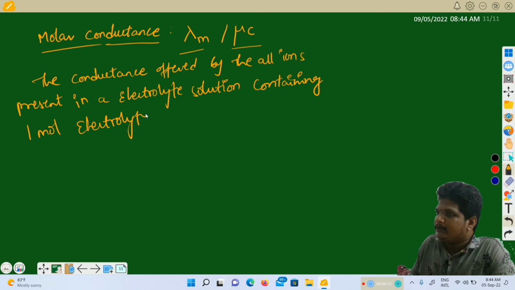So it is the conducting power of all the ions present in the electrolyte solution containing 1 mole electrolyte.